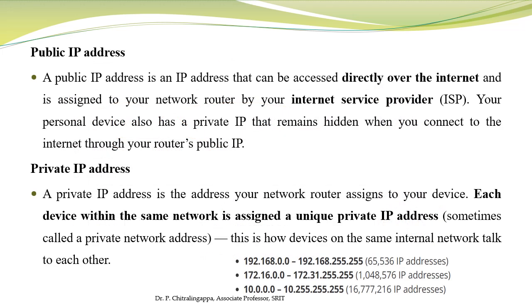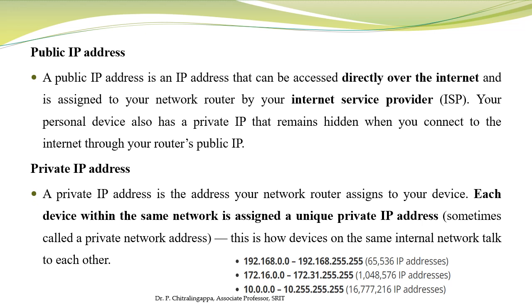Public IP addresses and private IP addresses are there. A public IP address is an IP address that can be accessed directly over the internet, and it is assigned by the ISP. Your personal devices have private IP addresses that remain hidden when you connect to the internet through your router's public IP.